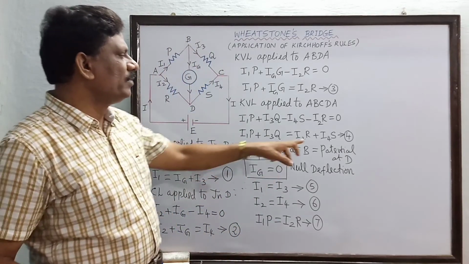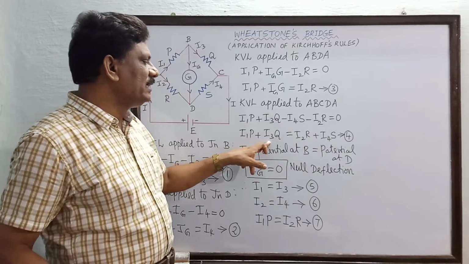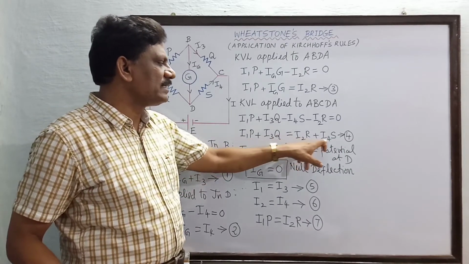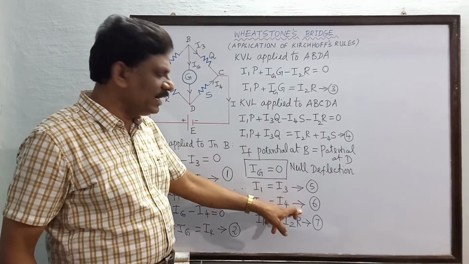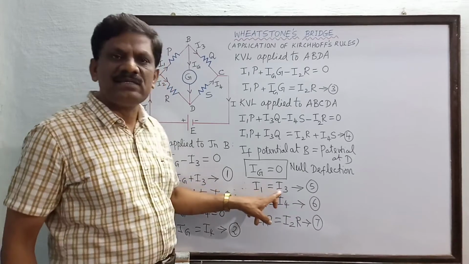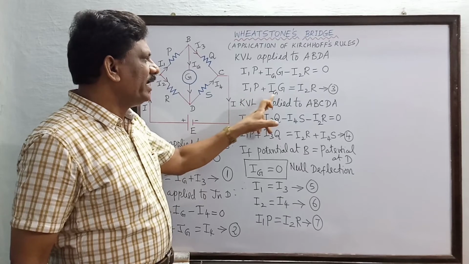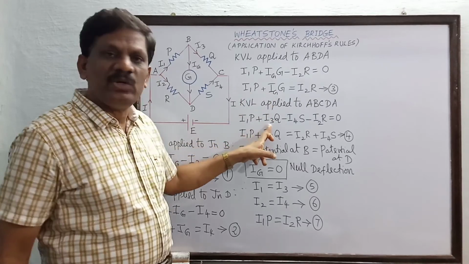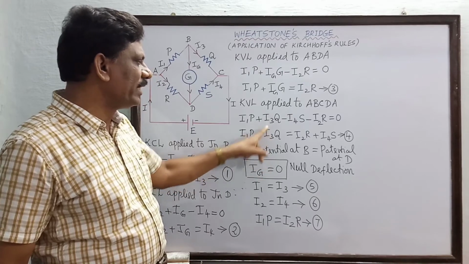Now, look at equation number 4, which we have already derived: I1P plus I3Q is equal to I2R plus I4S, is it not? But from equations 5 and 6, I1 is equal to I3. So, in place of I3, I can substitute I1.